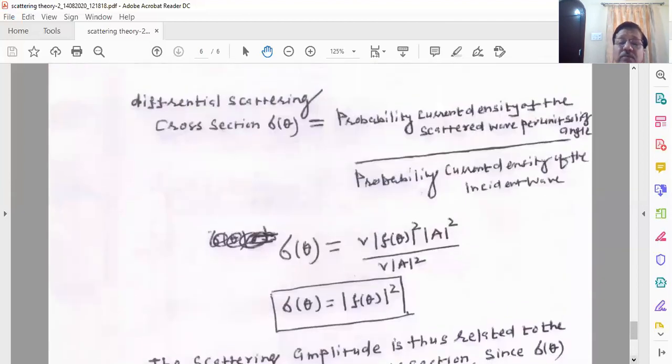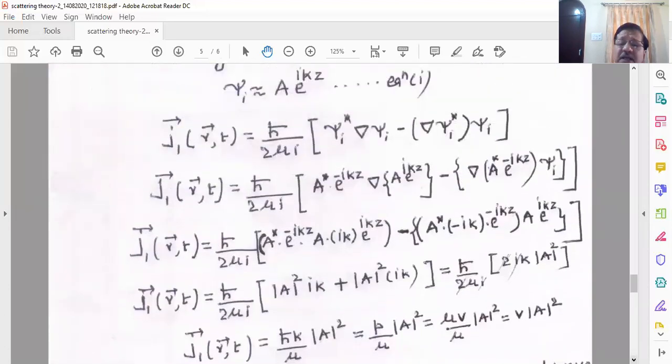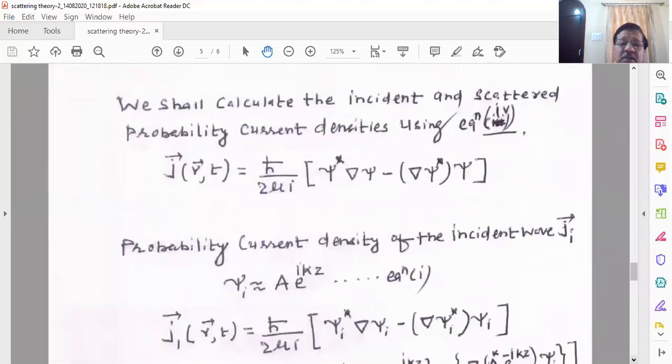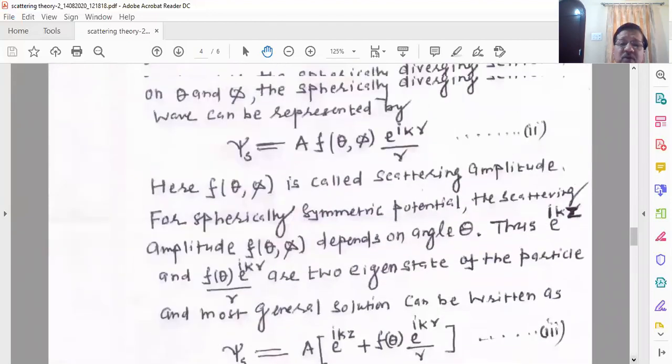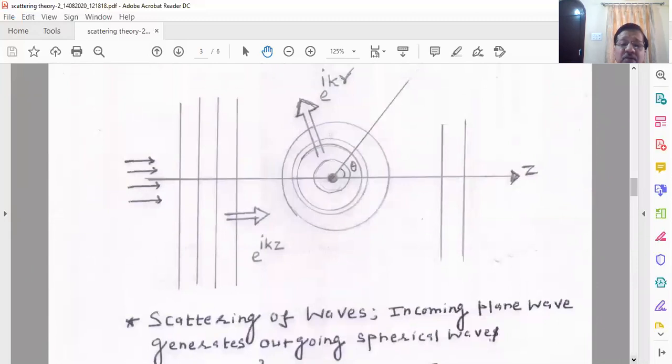The partial wave analysis is very important because when you study the diagram here, you have a series of spherical waves.